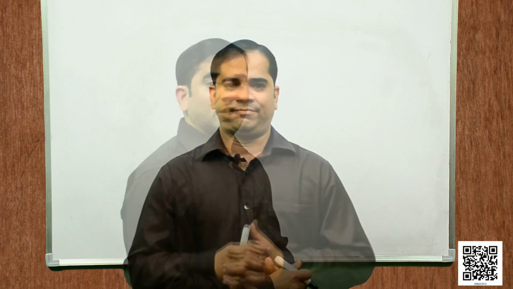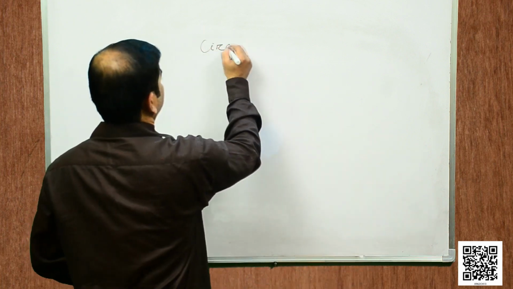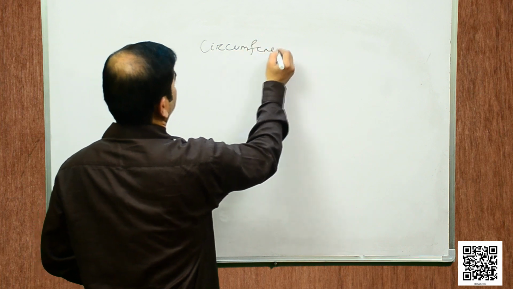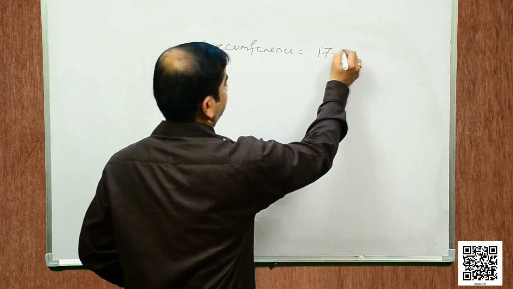Since only the rounded surface of the dome is to be painted, we would need to find the curved surface area of the hemisphere to know the extent of painting that needs to be done. So, as per the given data, circumference is equal to 17.6 meter.